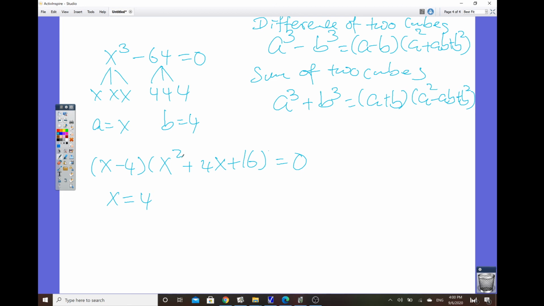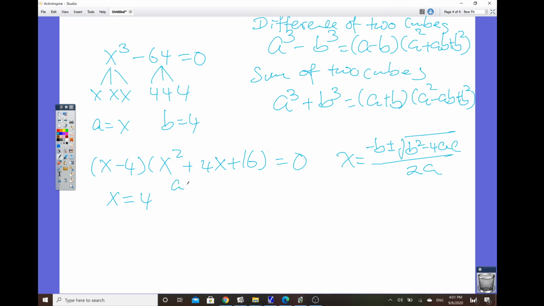Now what about the irrational? You see that the trinomial here is non-factorable. If that's non-factorable, guess what we can do? We can use the quadratic formula for this. Again, back to the real zeros.